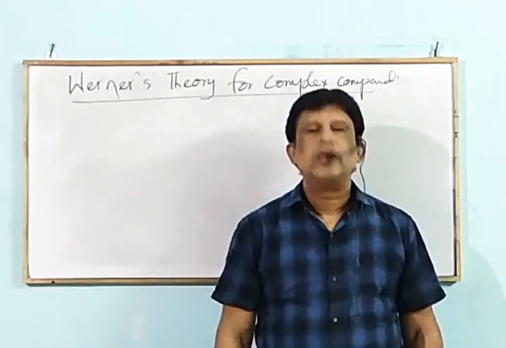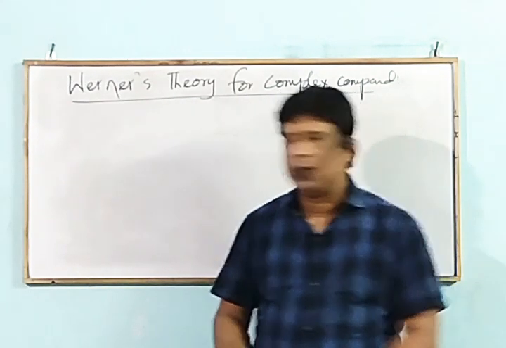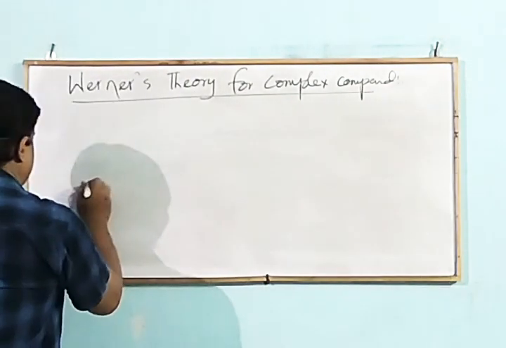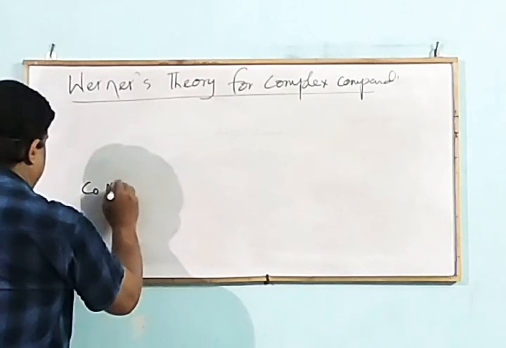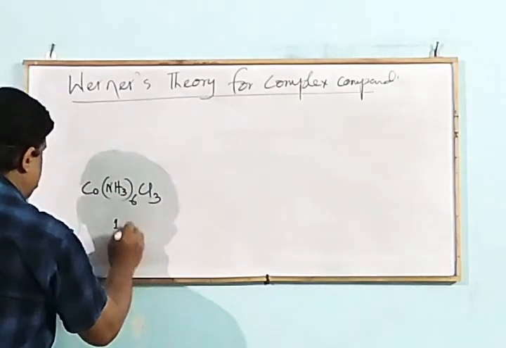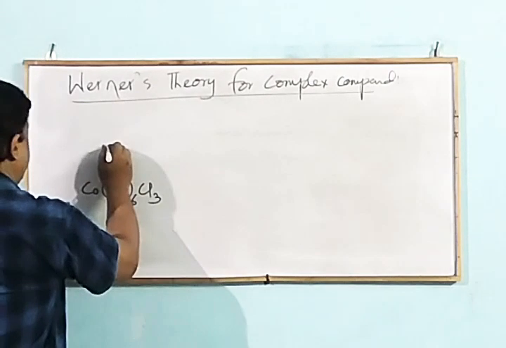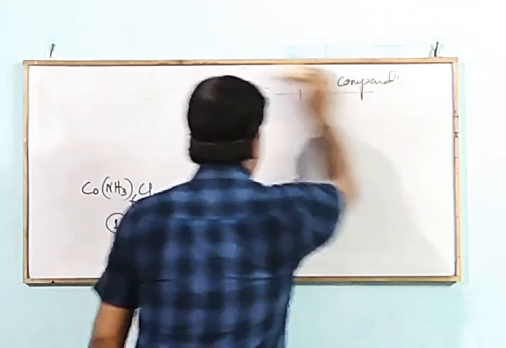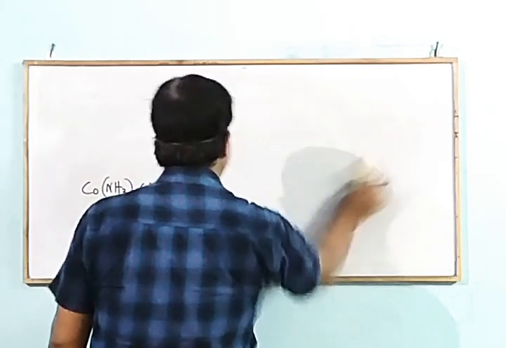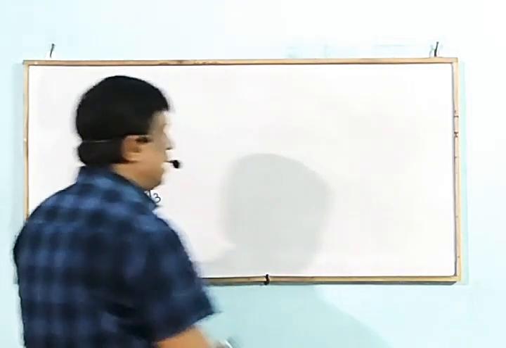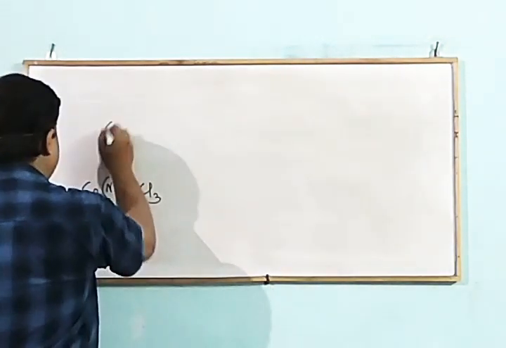Let us discuss by taking cobalt-ammine complexes. Mark that. CoNH3 6Cl3, first complex. Here, while drawing a structure, the primary valency is represented by the dotted line, broken line, while the secondary valency is represented by a straight line or solid line. Mark that.